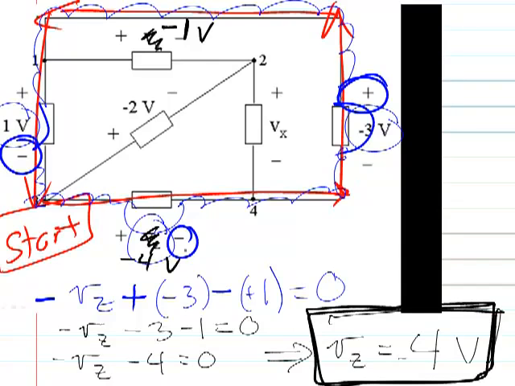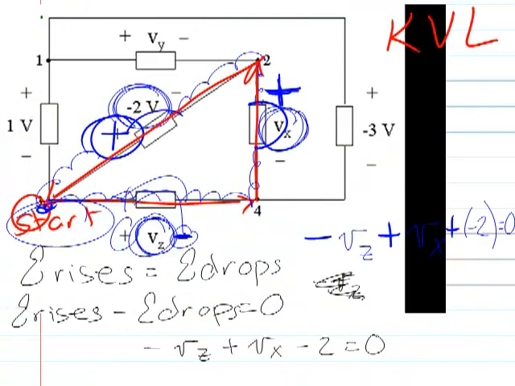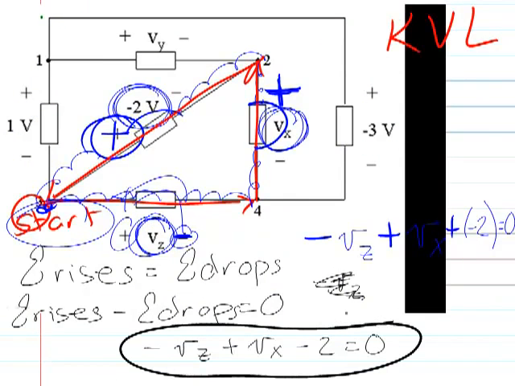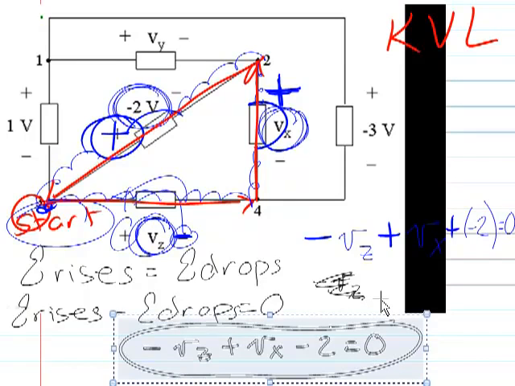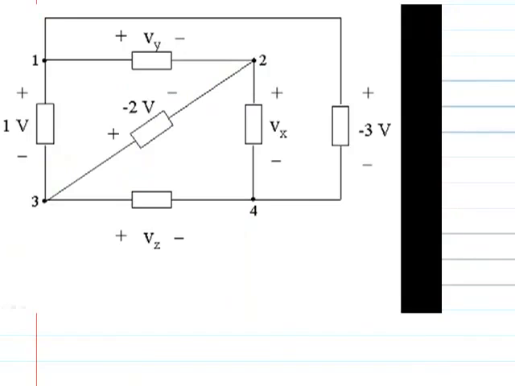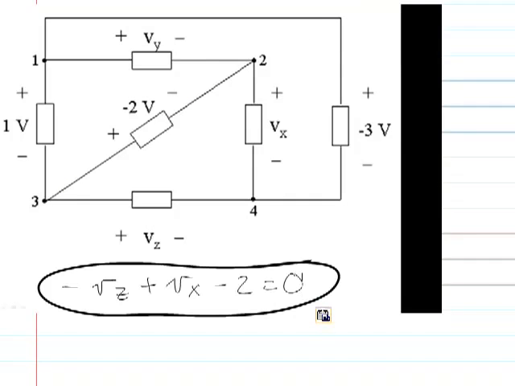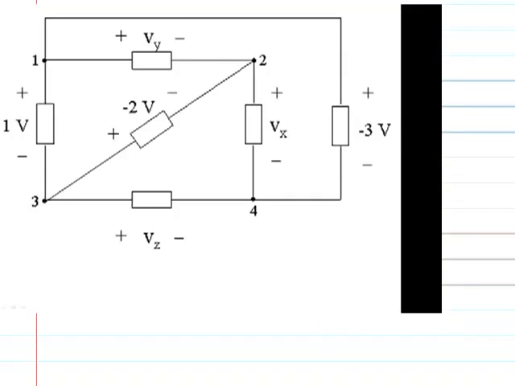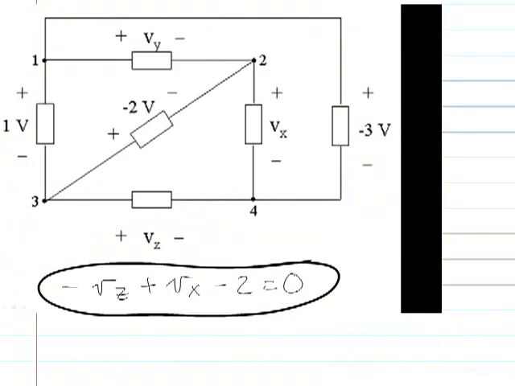So that's good, because now we can use this information on what we found the first time. Over here, remember we had this? All right, so let's see if I can be super fancy, and I'm going to copy this and paste it over here. All right, so we have that equation from the very first one we did. And so we have Vz is -4 volts, so we can plug that in.